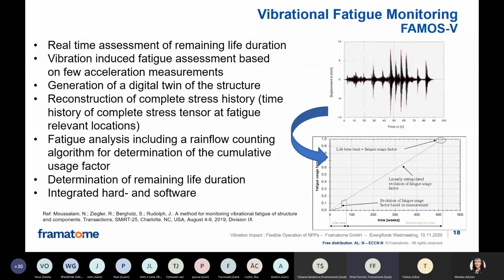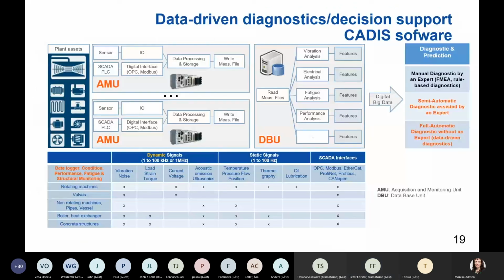So the next slide deals with this concept we already implemented in the Swiss plant we mentioned. You see on the left side the AMUs, acquisition monitoring units, which are typically installed on a component or a system, gathering vibration signals and operational signals with SCADA or PLCs, and combining them already in the acquisition unit.